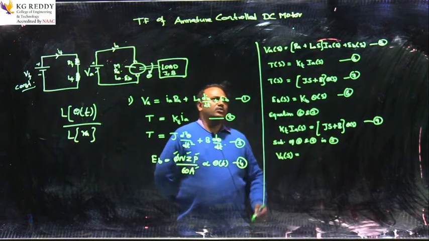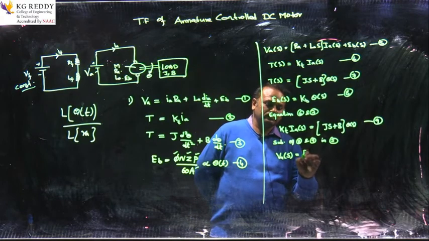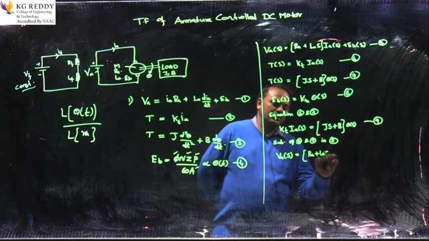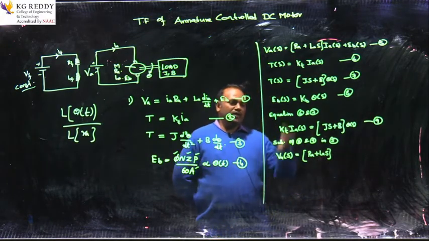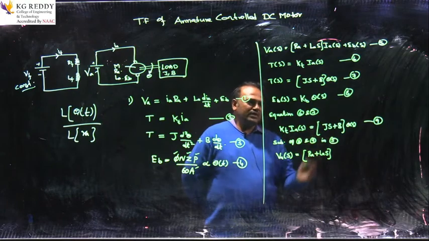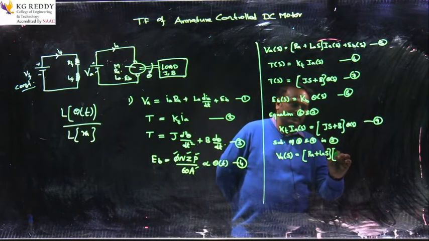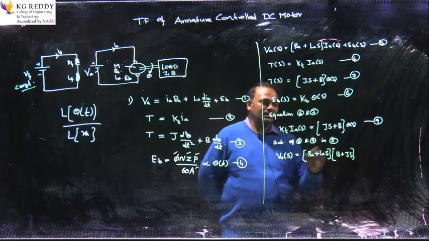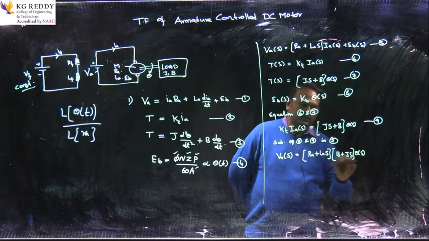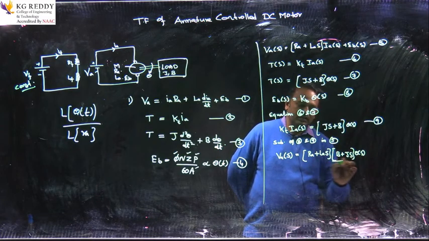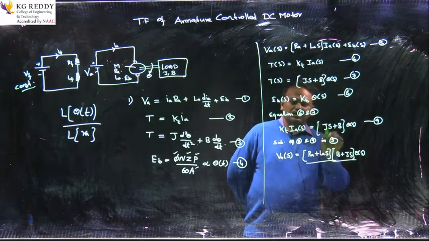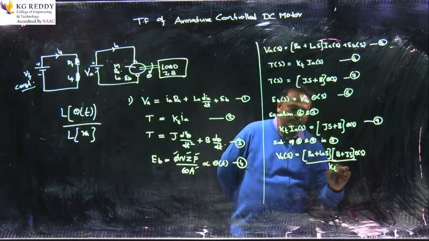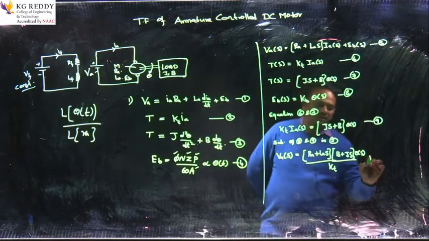V of s is equal to RA plus LA of s, and here we have I of s. From equation number 9 we can write I of s as B plus Js into theta of s by Kt, plus Eb.